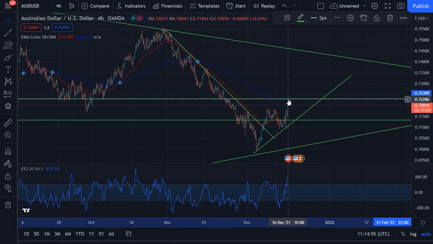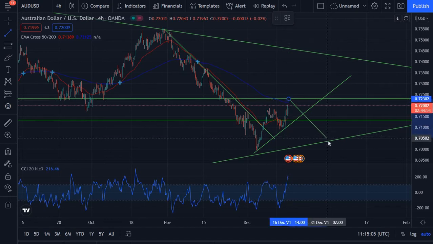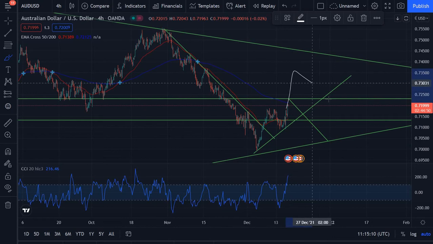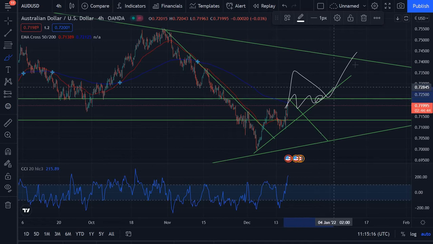So we will either get rejected here or see kind of a breakout, and so the possible options are somewhere around here to go lower or to break out, maybe a retest here and then go higher, or to start consolidating here and then go higher from here.